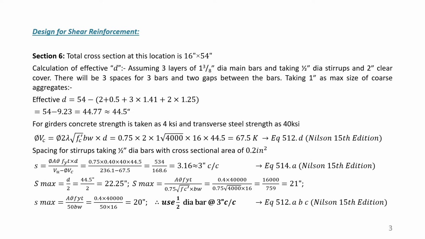As this is a bridge and the structure has bigger dimensions, we have taken the maximum size of coarse aggregate as 1 inch, and we have to keep a gap of 1 inch into 1.25, that means 25% more than the maximum size of aggregate as one layer, and there will be two layers of aggregate in between these 3 layers of reinforcement, and that's why we have taken this 2 into 1.25 inch.